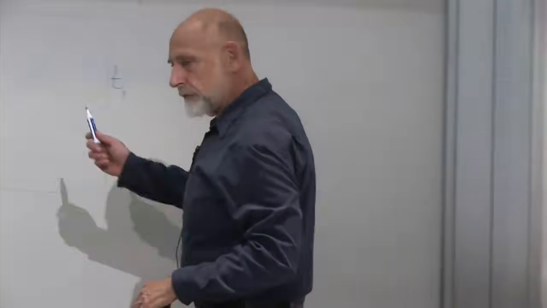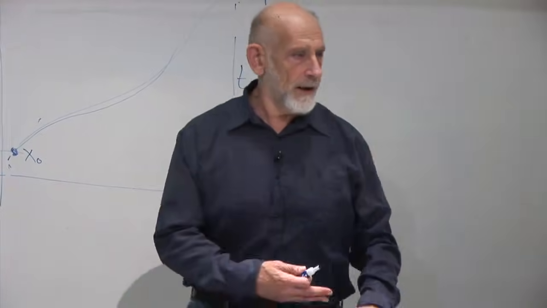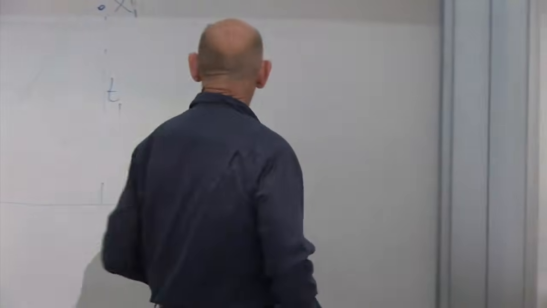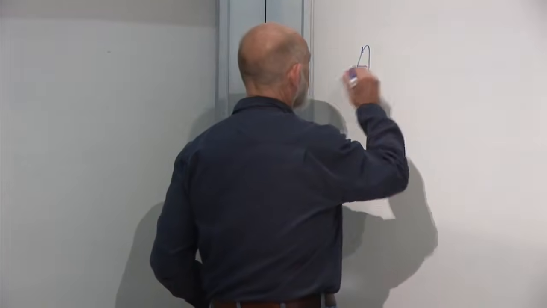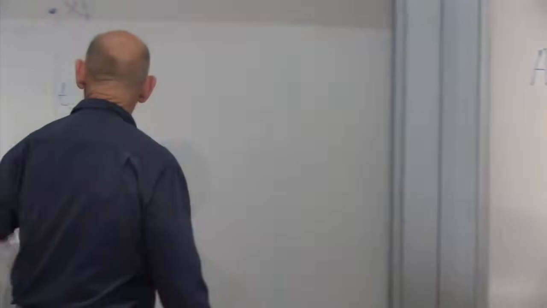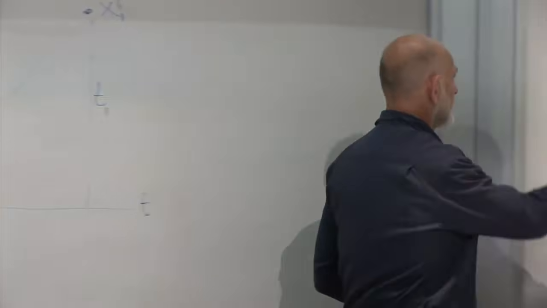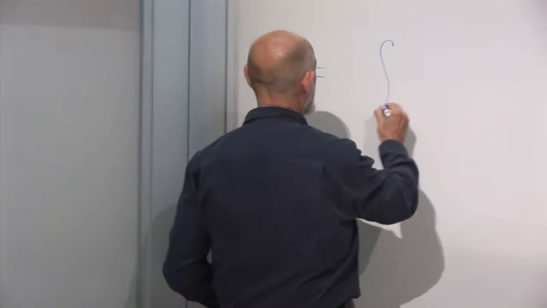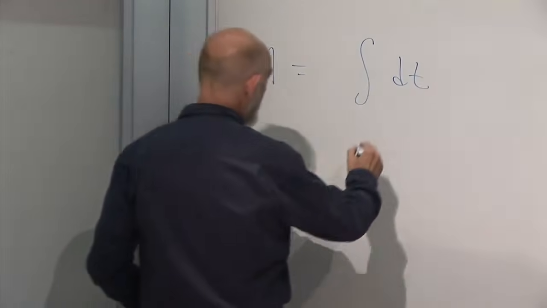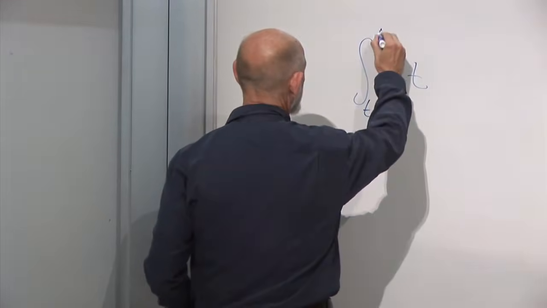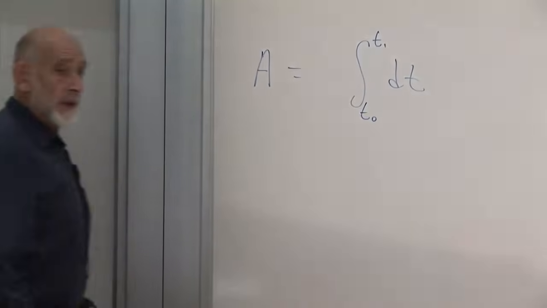Now, what's the connection between this form of mechanics? Well, let's write it out first. There is a quantity. Let's call it A for action. It is an integral over the trajectory. So we can write it as an integral dt from T0 to T1 of something that depends on the trajectory.